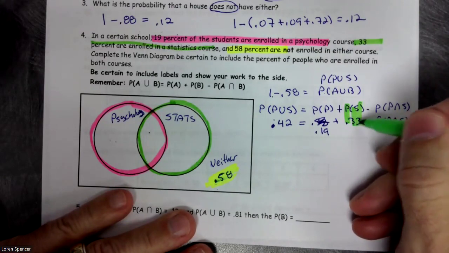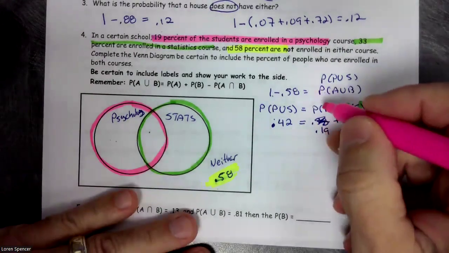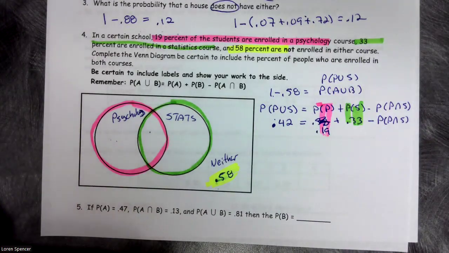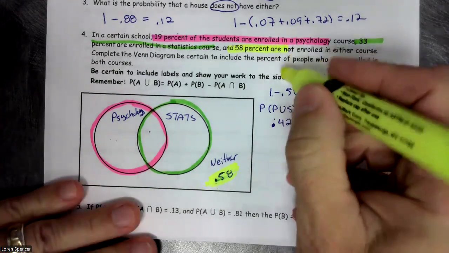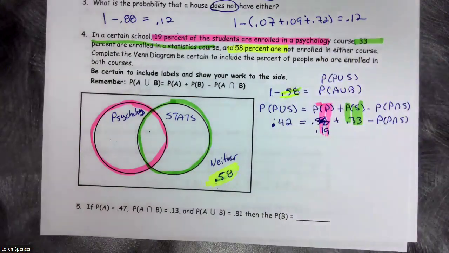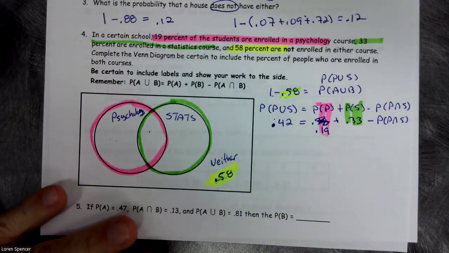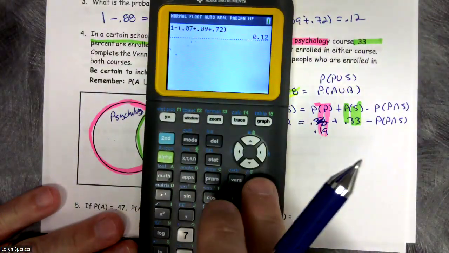So let's go ahead and do a little bit of math. When I add 0.19 plus 0.33, I end up getting 0.52. So 0.42 equals 0.52 minus the probability of psych and stats. I need to subtract from both sides.